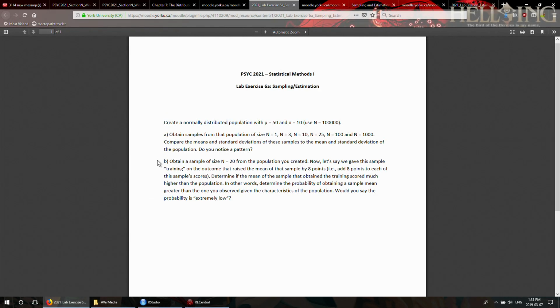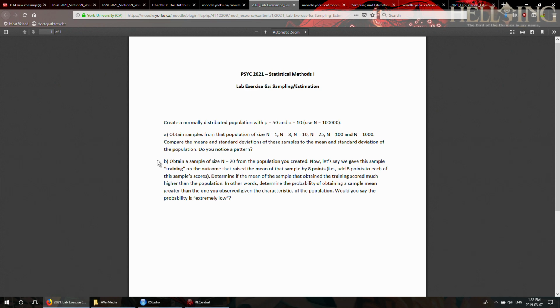So now part B, we're taking a small sample of 20 people from the group we created in A, and we're going to say we gave them some kind of training which raised their mean by 8 points. And we want to see how likely it is that we could just randomly sample from that larger group a sample with a mean larger than the one achieved thanks to the treatment.